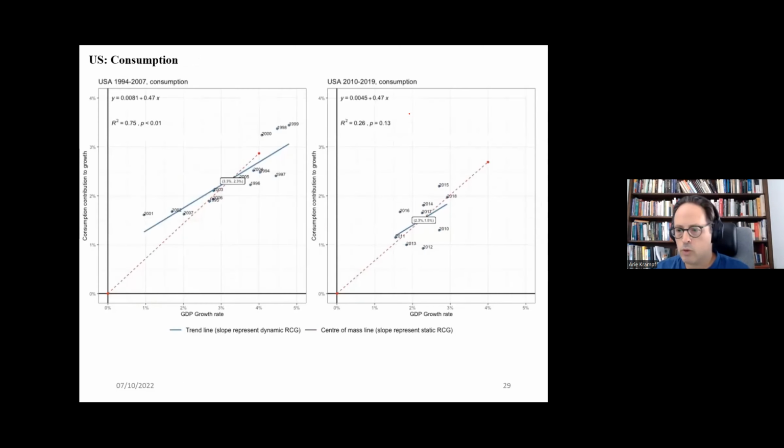The United States, again, we confirm the finding that the US is consumption-led, but we have a few nuances here. In both periods, the consumption dynamic RCG was 0.47, but the model became less robust, which means weaker correlation between consumption and growth.